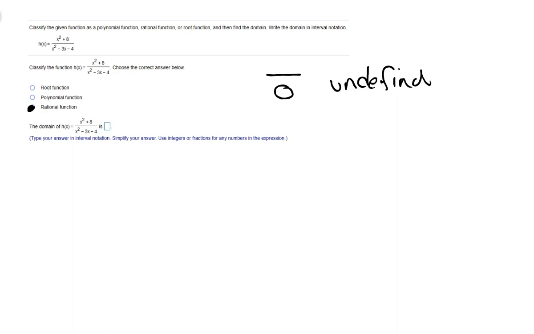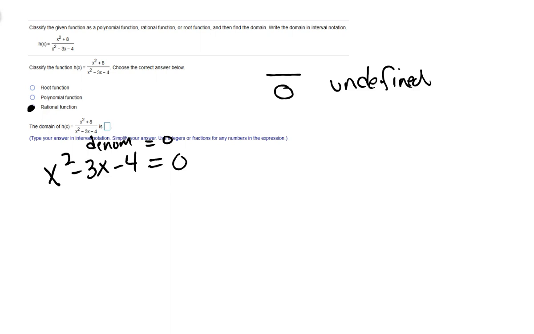So our strategy for finding the domain is to set the denominator equal to 0. So we're going to take that denominator of x squared minus 3x minus 4. We're going to set that equal to 0. So we're trying to find when the denominator is equal to 0, so we can find out where the function is undefined.